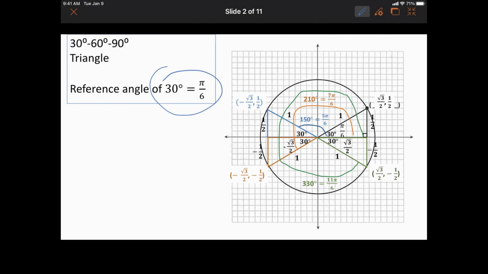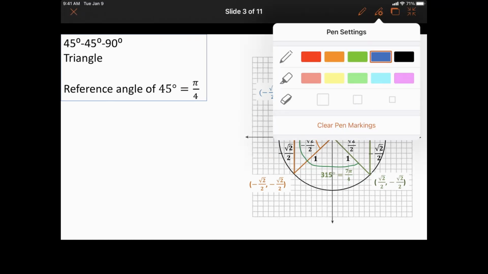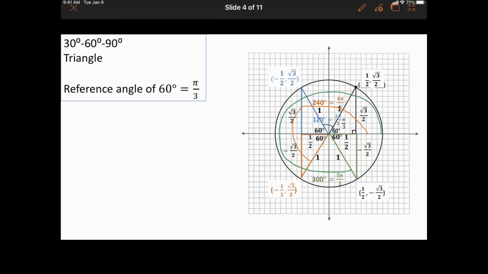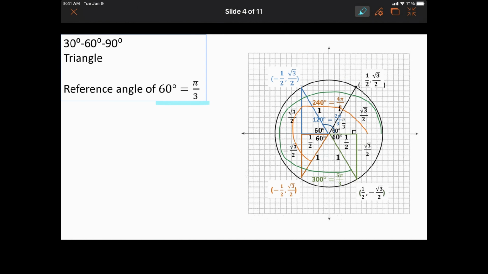So here, reference angle of 30. This one's reference angle of 45. And then reference angle of 60. So when you put all of these together, it makes most of the unit circle. There's just one other thing that we need to do, and we'll do that later in the lesson today.